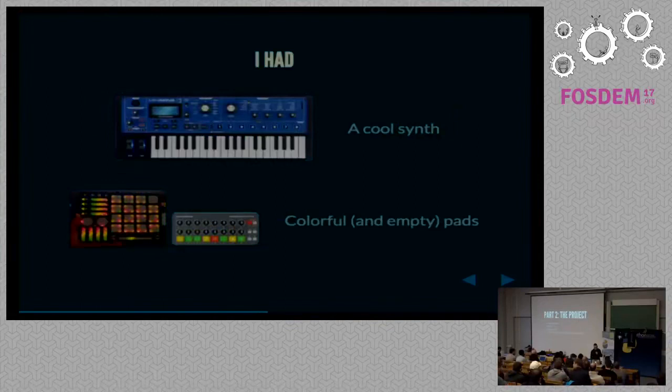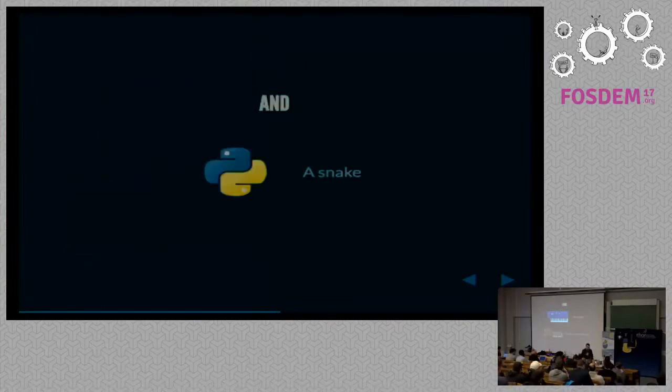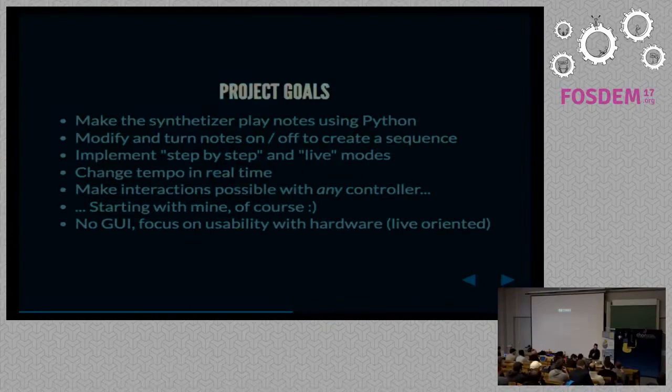Now I will present the project. So I had synthesizers and empty pads. These are just controllers. They don't contain any sound. And a snake, of course. So I wanted to make the synthesizer here play notes using Python.